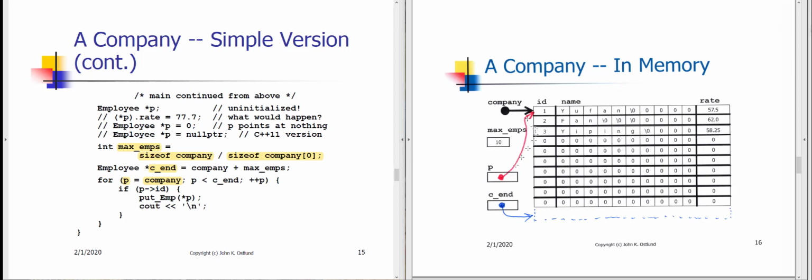All right, P arrow ID is the ID field in the first slot here, the sub-zero slot of company. And so we will print out with putemp star P. That is, we're going to display this whole company sub-zero value using putemp. And I've added a cout here to put a new line on the end of that.